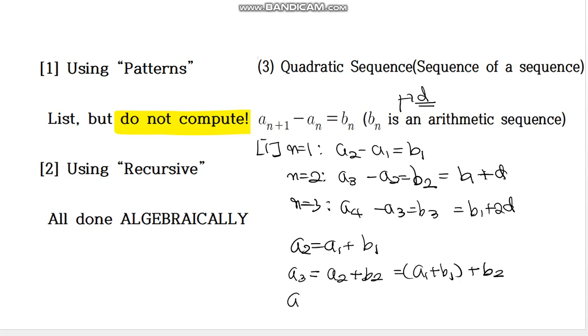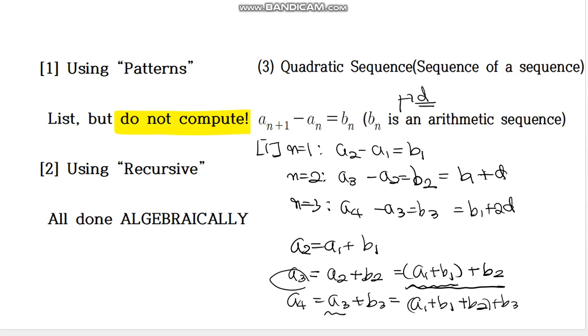We know that a4 is a3 plus b3, right? In this case, a3 can be replaced by a1 plus b1 plus b2. Because this whole thing here is a3, so I just put it right here. Then we have plus b3 here.